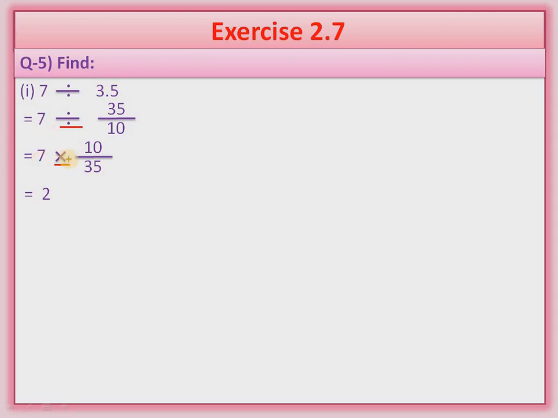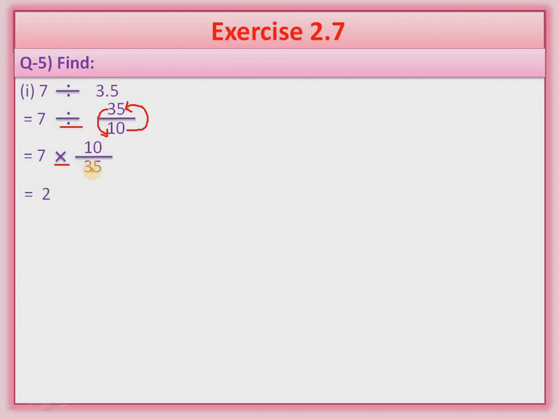If you convert division into multiplication, obviously the denominator will go in the numerator, and the numerator will go in the denominator. This thing you should keep in your mind. I have written here 7 multiplied by 10 upon 35.